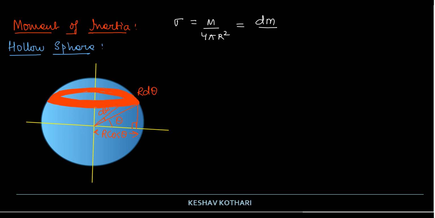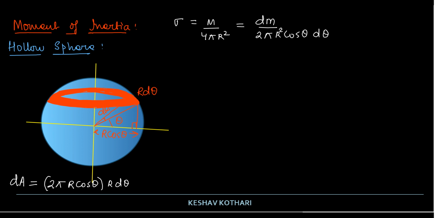Now in order to calculate the area of this element, we are considering that the circumference is going to be 2 pi r cos theta, where r cos theta is the radius of the elemental ring and its thickness is r d theta. So this is going to be the area of the elemental part, that is 2 pi r cos theta r d theta, that is 2 pi r square cos theta d theta.